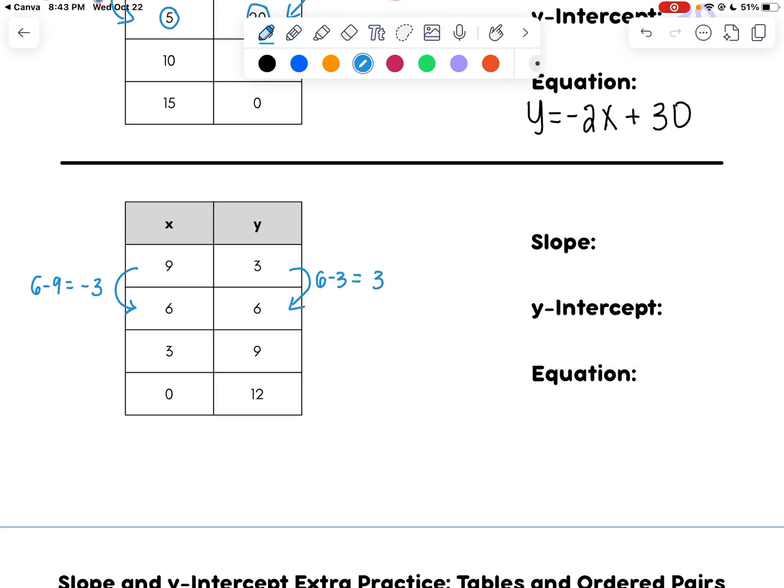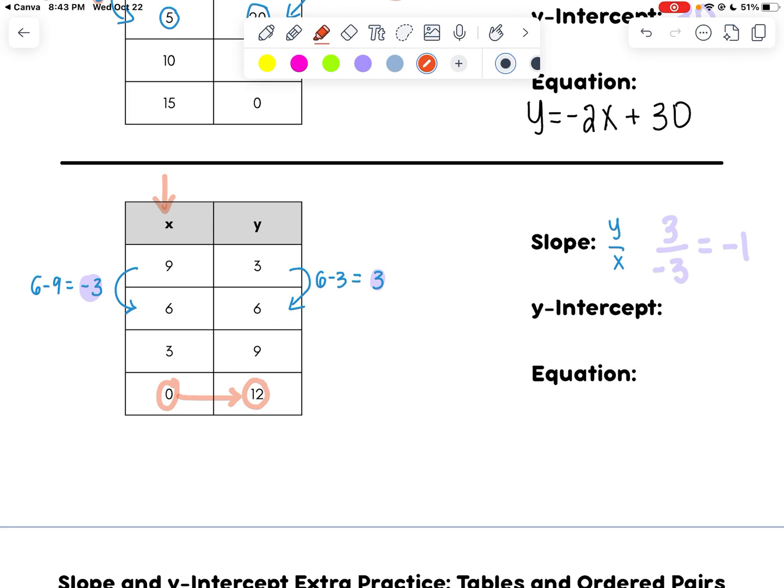My slope is y over x. My change in y is 3. My change in x is negative 3. When I put that into my calculator, it's going to leave me with a negative 1. My y-intercept, I go down my x side until I find 0. Go straight across. That is my y-intercept.